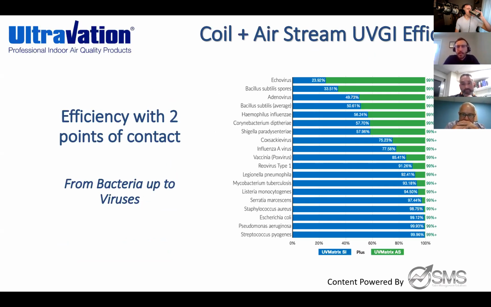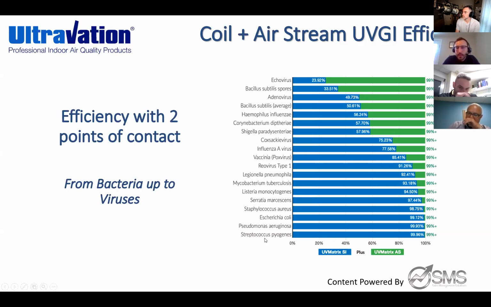So this is the chart that we're going to look at. This is an optimal situation type of chart, and we're looking at bacteria and viruses here and the two points of contact when you're treating for surface level treatment and Airstream treatment. If you're looking at the blue, that is a representation of bacteria and surface treatment. If you're looking at the green, that is a representation of air and virus treatment. At the bottom, you're seeing just a surface treatment.